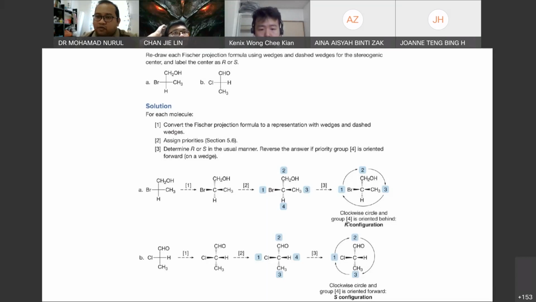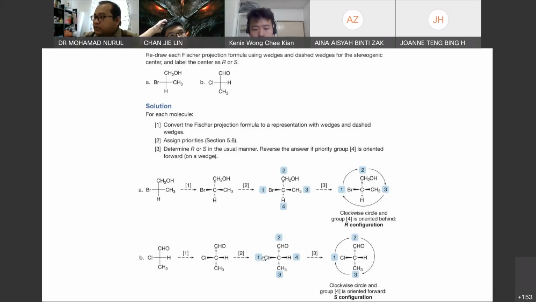It's an R configuration. For B, we have to convert this Fischer projection to dashes and wedges, and again you have to assign the priorities. Chlorine will be number 1.